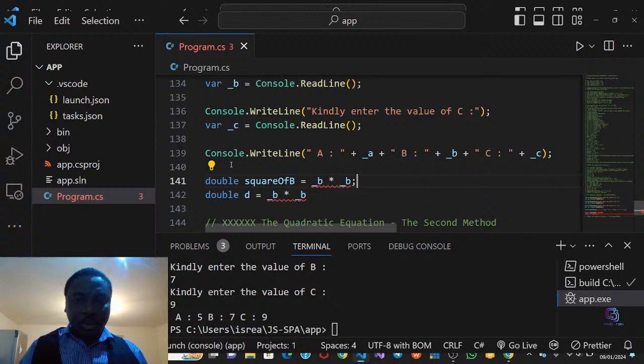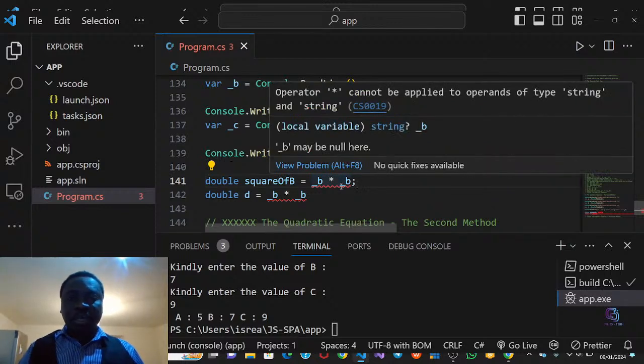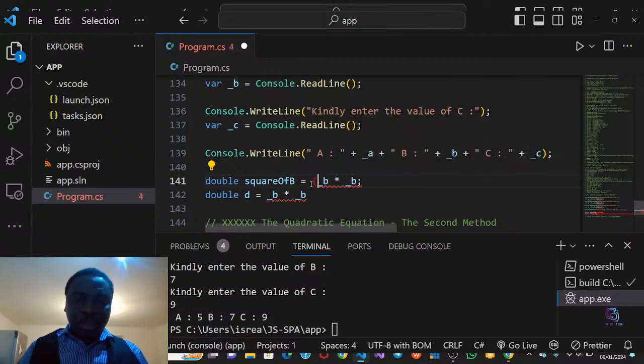Okay, I'll look into this now. Error: operator cannot be applied to operand of type string and string. So we turn it to a parenthesis of b.